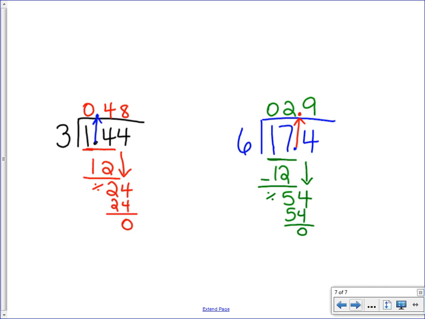Okay, so let's try a different one with a different placement of a decimal. What if I had a decimal inside, but I also had a decimal outside? So remember, when we first started, our goals are we have to have our divisor as a whole number, and right now it's not.